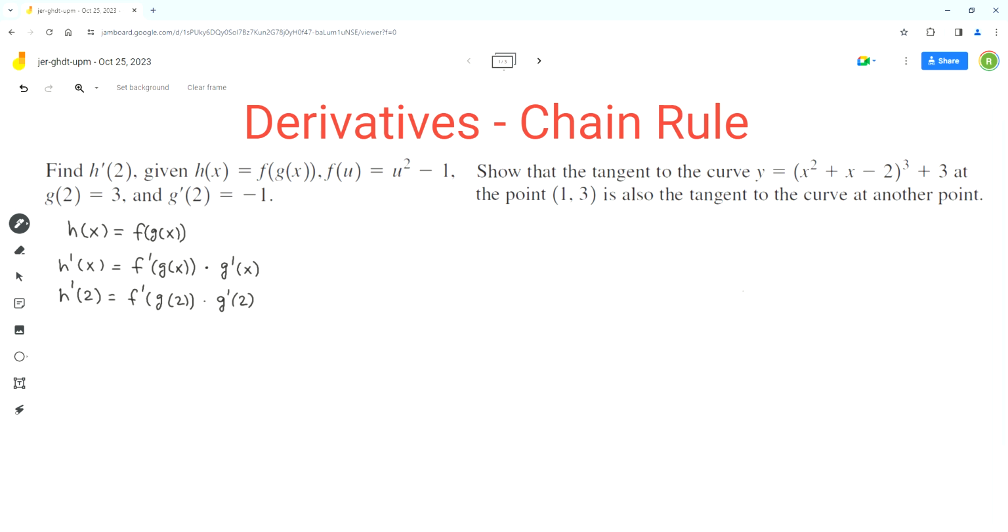Now we are given in the problem that g(2) is equal to 3 and g'(2) is equal to -1. So we can sub in these values.